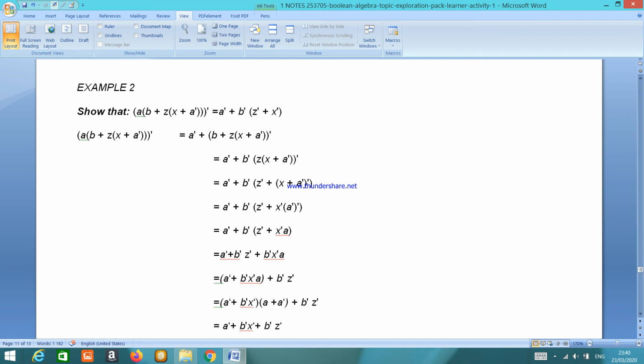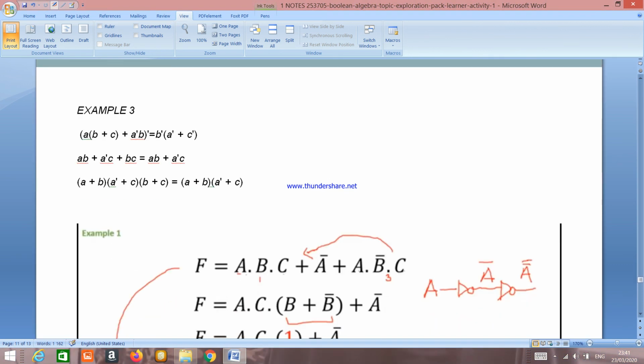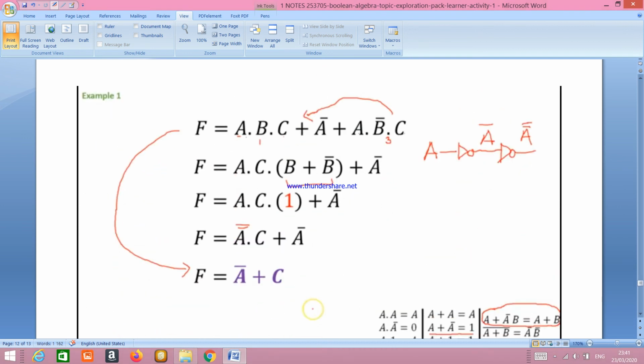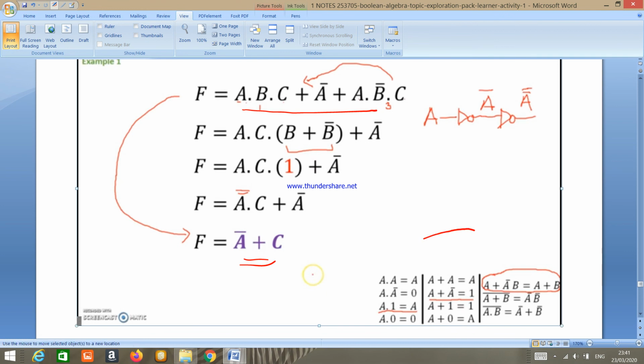This is a very interesting example. You work it out, and you're supposed to get this. Example 3, you try to work this out to get this answer. Now this one also is interesting. F, try to reduce it, and this is the final answer using the following rules below.